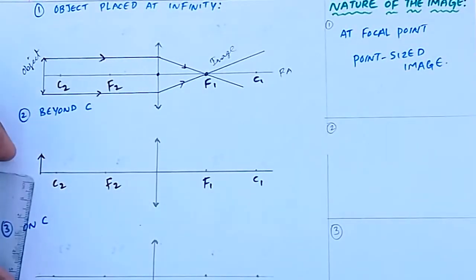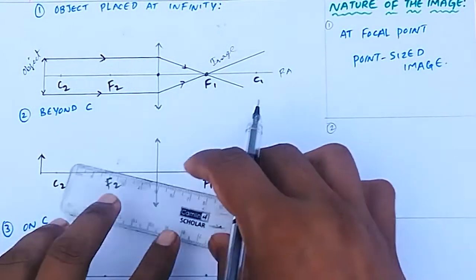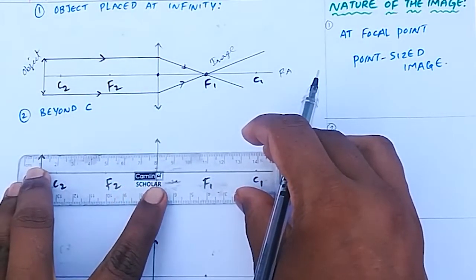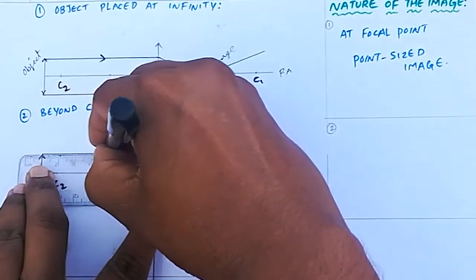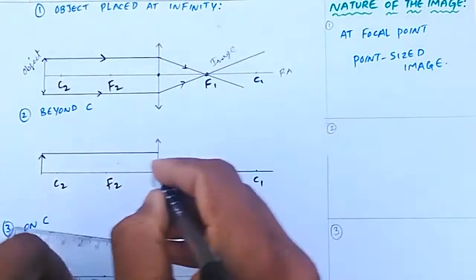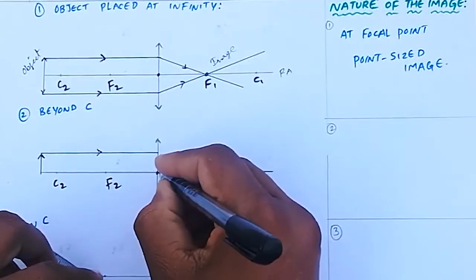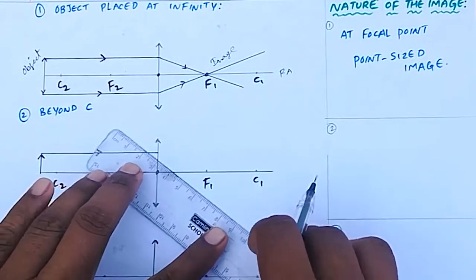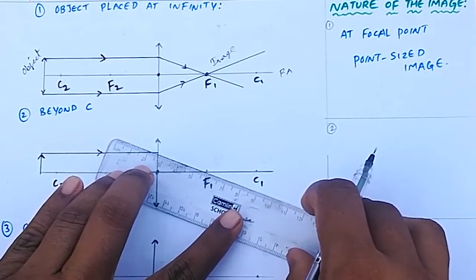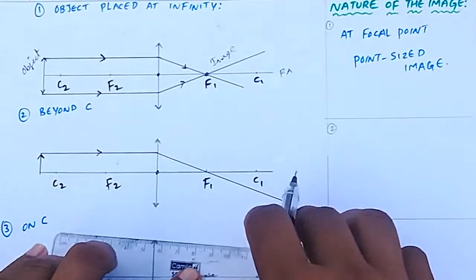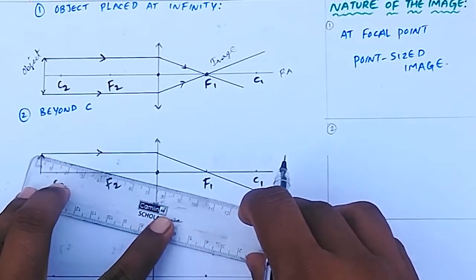So this one is the object. First we need to draw the horizontal line onto the lens. This is the incident ray, this is the optic center. Now this one should converge at focus, like this.